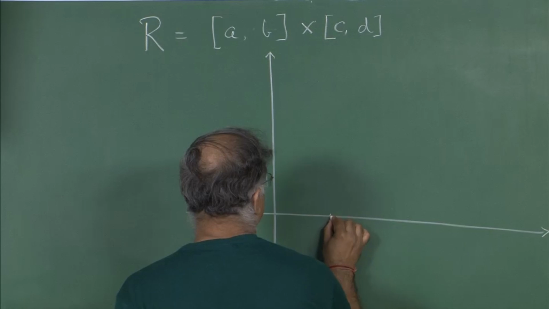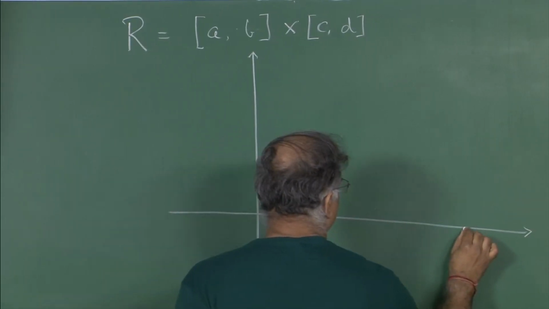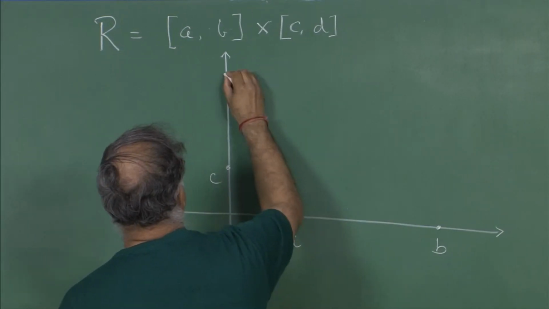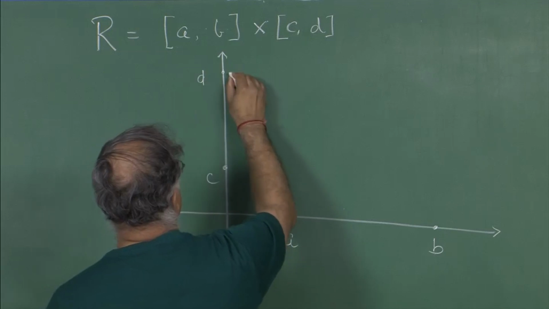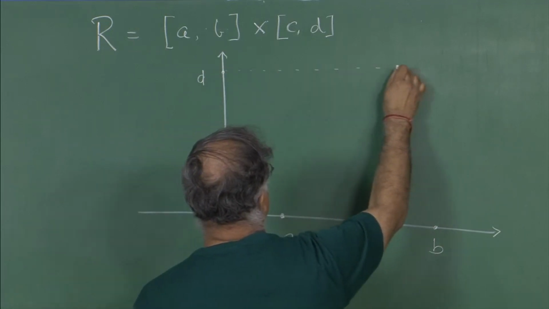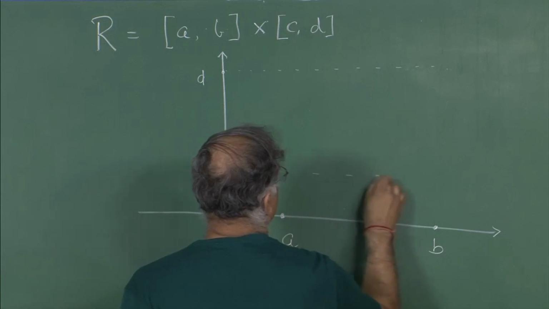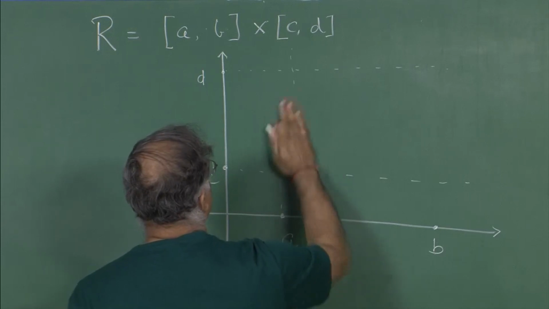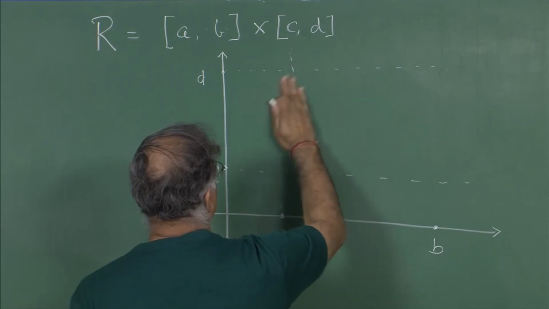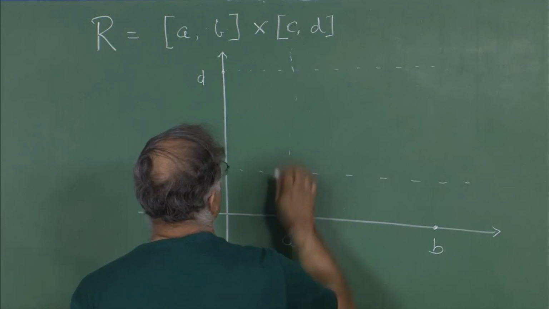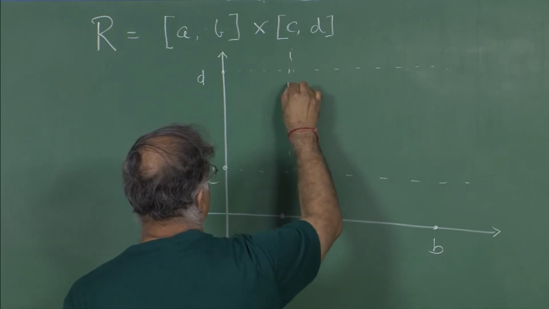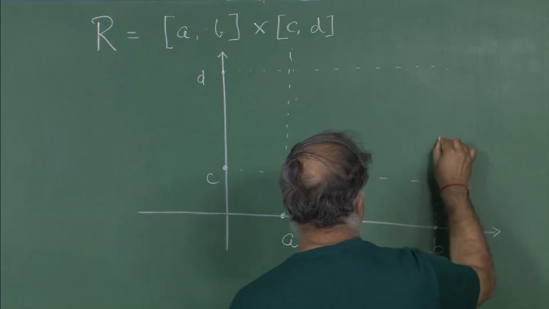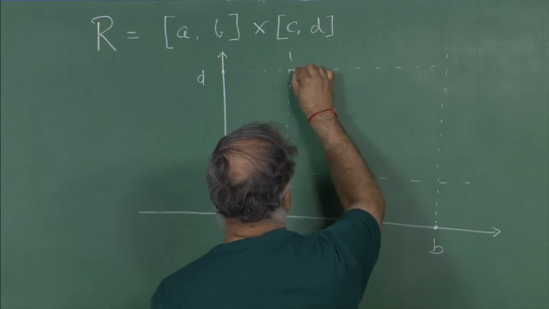So here is my AB, A and B, and here is my CD. So this is my rectangular zone.